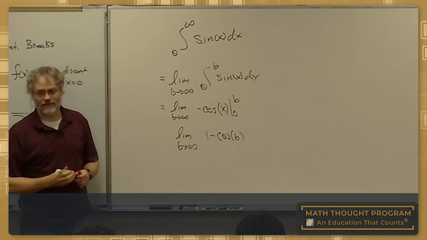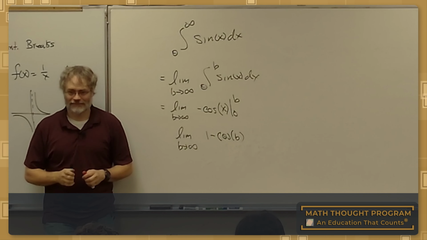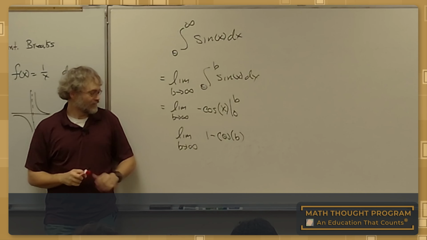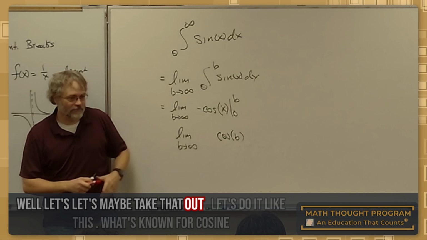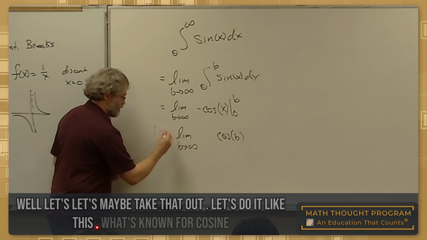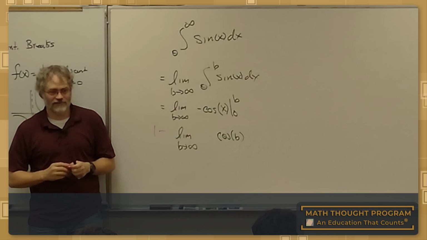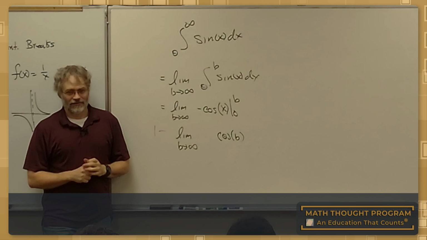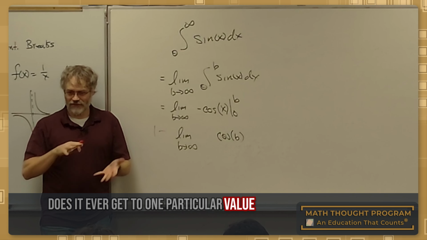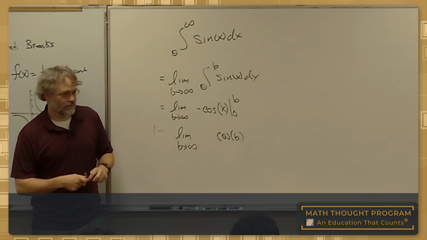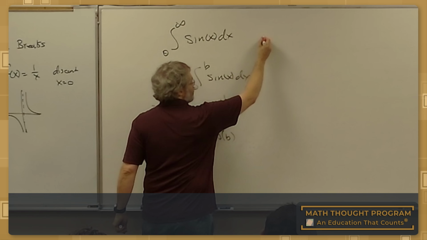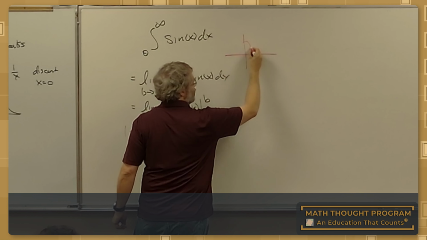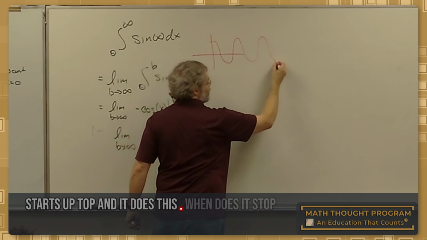What's that limit? Well, let's maybe take that out. Let's do it like this. What's the limit for cosine? Does it ever get to one particular value? No. The graph for cosine starts up top and it does this.